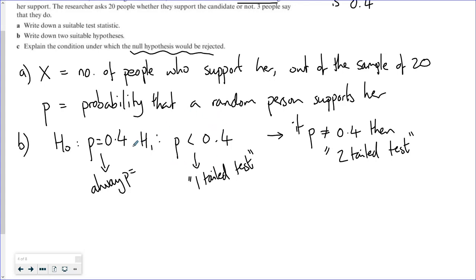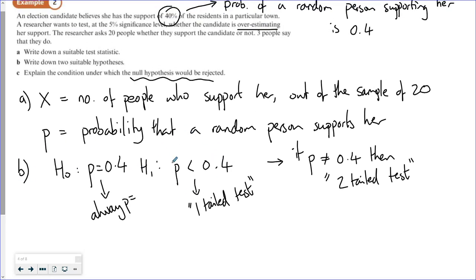Well, if we think that the probability is lower than 0.4, then X, the number of people who support her out of the sample of 20, is going to be low. For example, if in our survey no one supported the candidate, then we could definitely say that P probably isn't 40% and it's probably less than 40%.